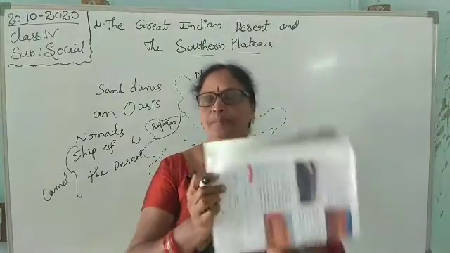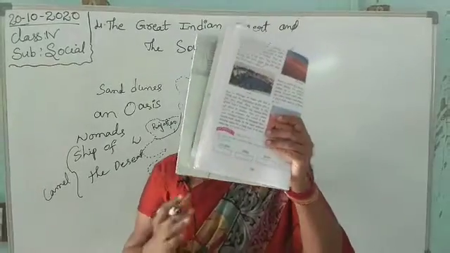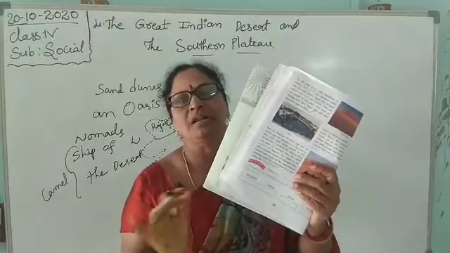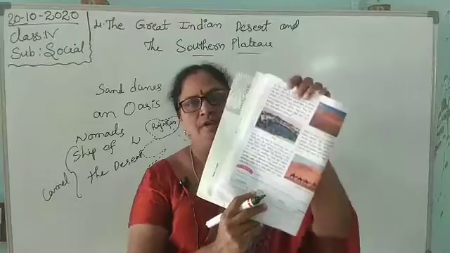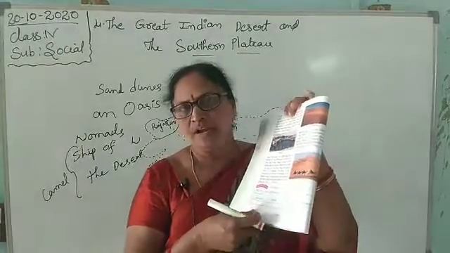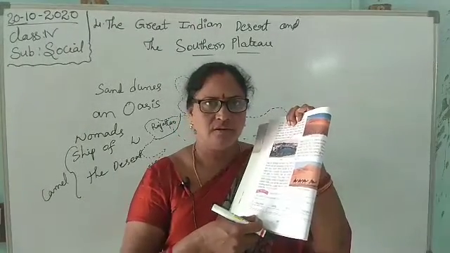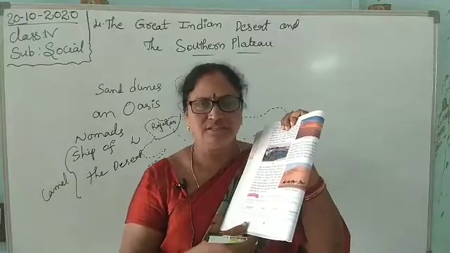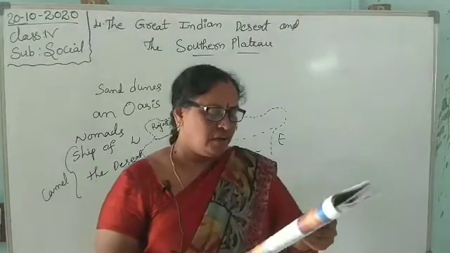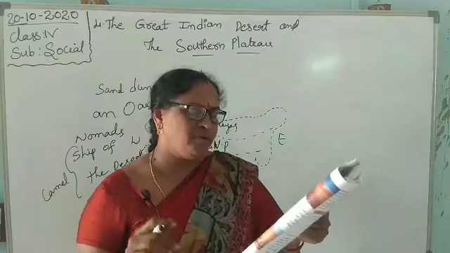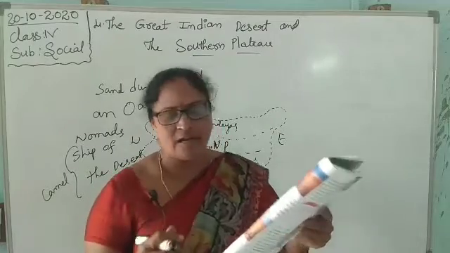Here on page number 22, they have given some names with jumbled letters. If we correct them, we can get some names of the Rajasthan state. First, the names of some important cities of the Great Indian Desert.